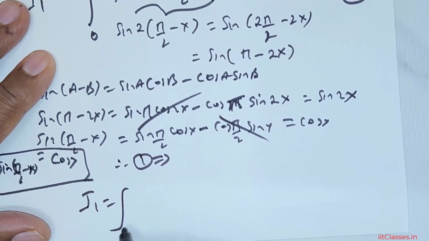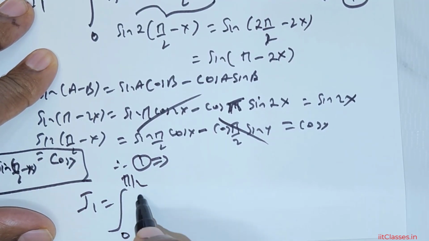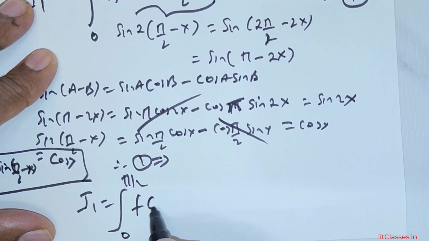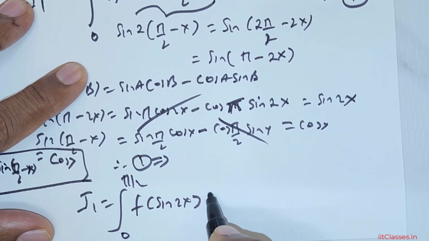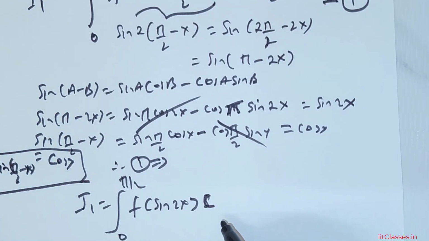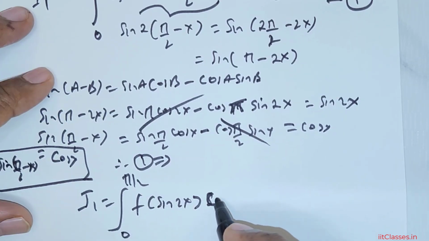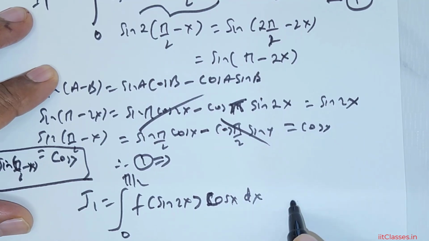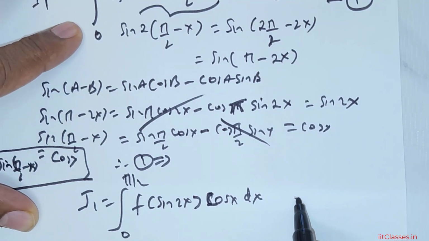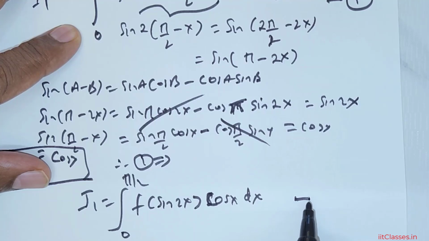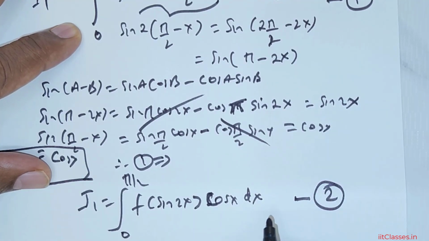So therefore I1 can be rewritten as I1 is equal to integral 0 to pi over 2 of f of sine 2x times cos x times dx. Okay, so this is going to be my new one, I'll mention it as 3.